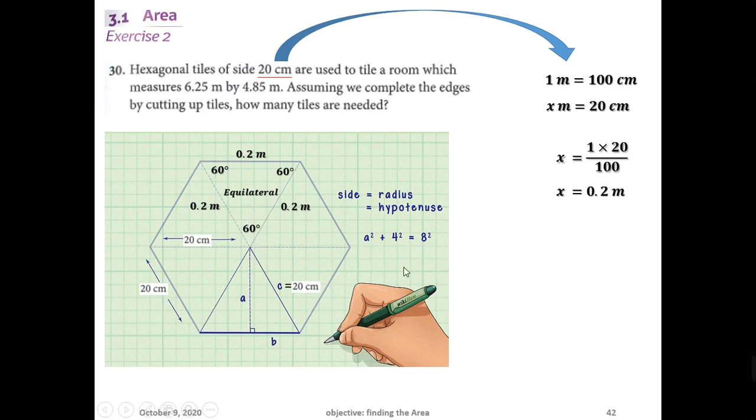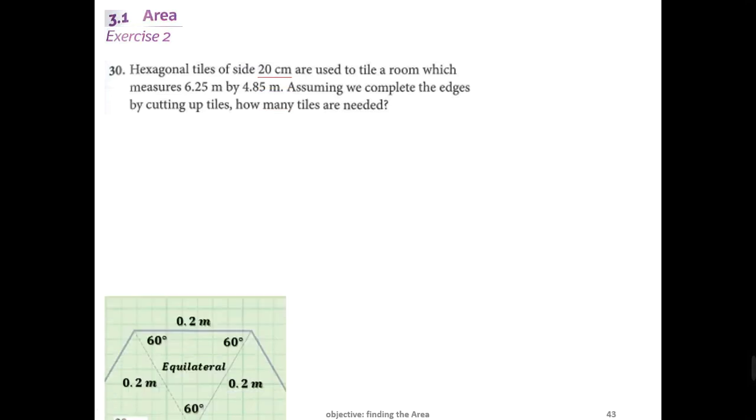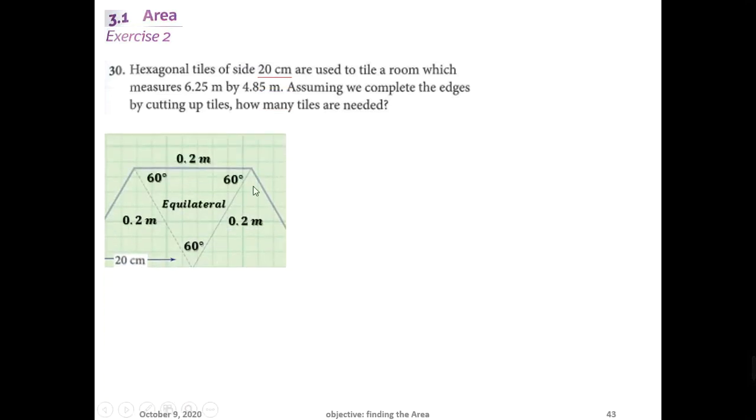Now, we must calculate the area of one triangle in order to be able to calculate the area of the hexagon. So let's enlarge this triangle, this equilateral.